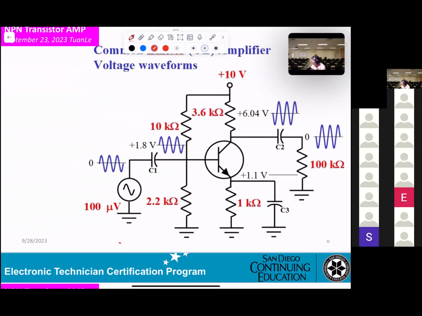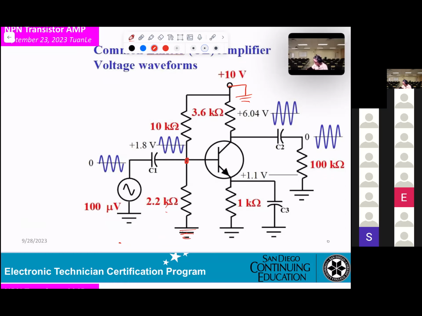Now, if you ground that one, can you tell me, 10K and 2.2K, will they be in series or what? I'm talking about the 2.2K first. 2.2K connects to the base and connects to the ground.